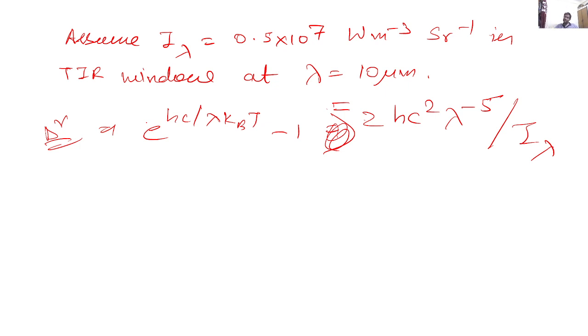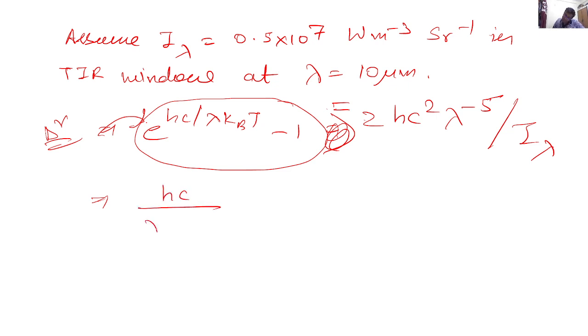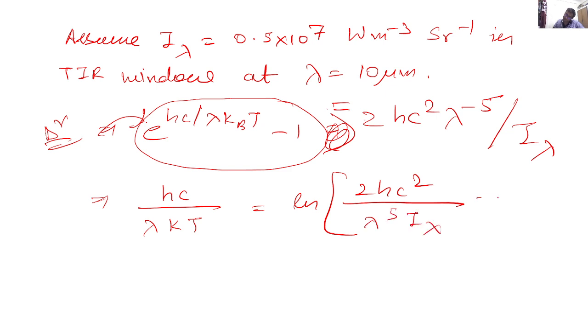Okay, so this is the Planck's law. This is the denominator. This is another form of Planck's law. We're just writing the same thing, but we have actually taken the denominator to the left hand side. That's what we have done so far. Now take the logarithm of it. Hc by lambda kt is equal to ln 2 hc square by lambda power 5 I lambda plus 1.